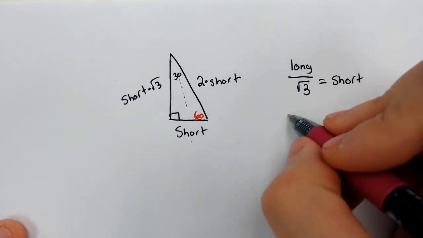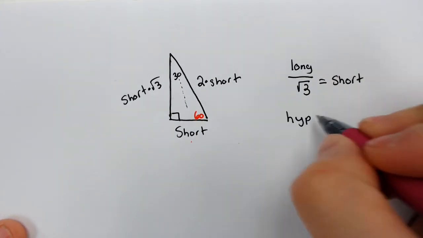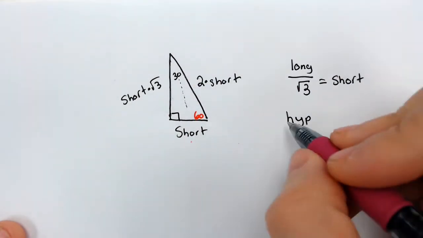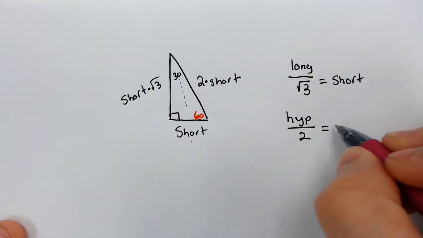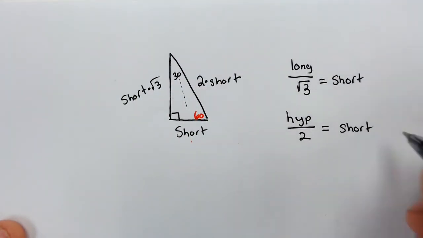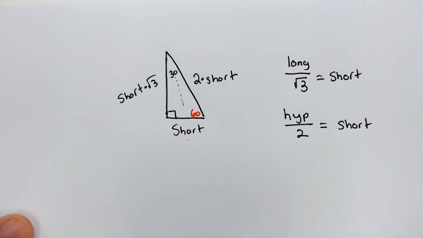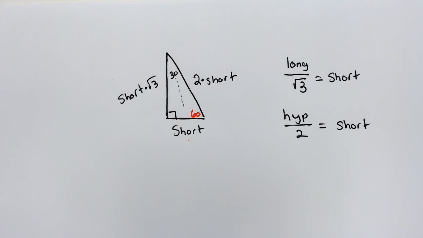If you were given the hypotenuse, this side right here, obviously, you would just have to divide by 2 to get the short side, because the hypotenuse is twice as much as the short side, so you would just divide it in half. Okay? We're going to do some examples, and we're going to see how this looks.